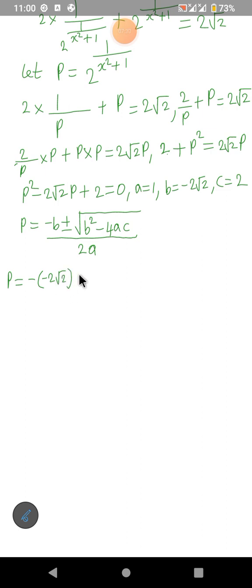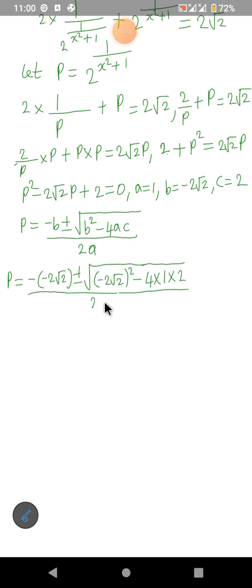Minus 2 root 2, plus or minus the square root of B squared, that's minus 2 root 2 squared, minus 4 multiplied by A, my A is 1, then multiplied by C, C is 2, all over 2 multiplied by A, which is 2 times 1.